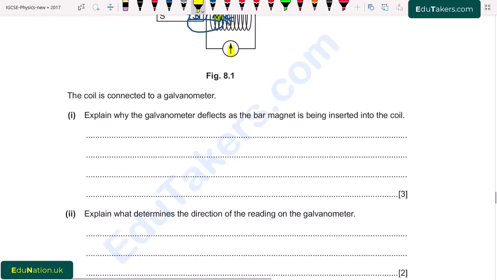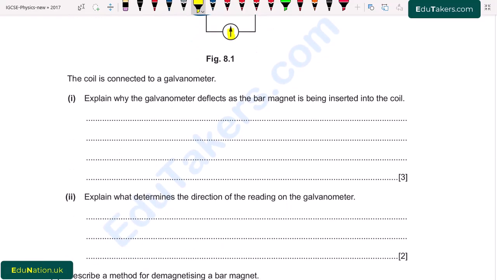I write here, when the magnet moves towards the coil, the coil will cut through magnetic field lines.